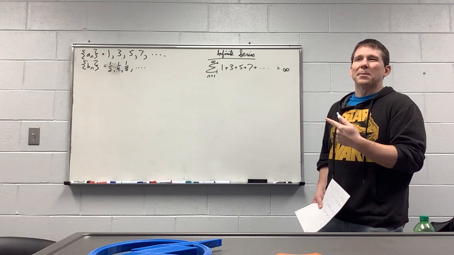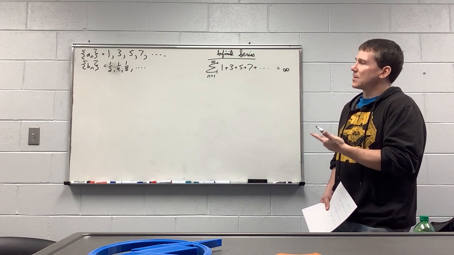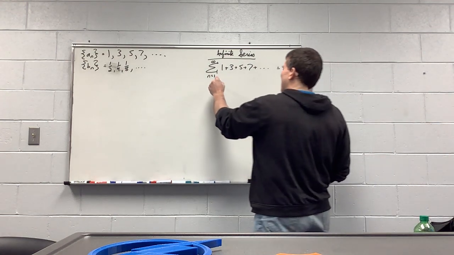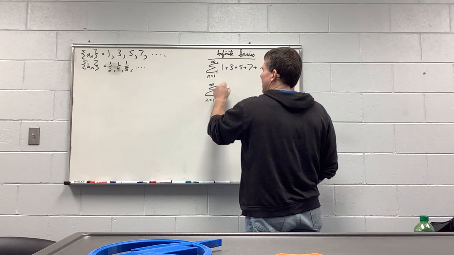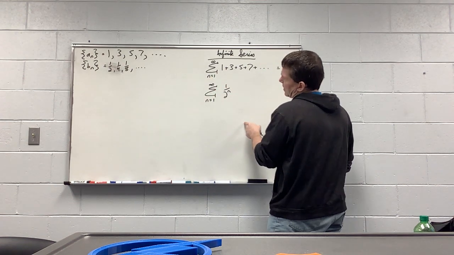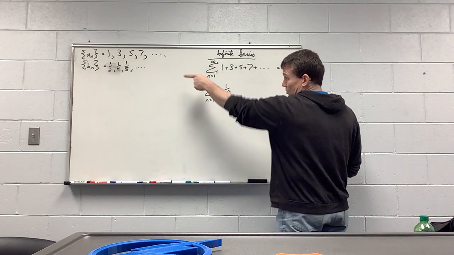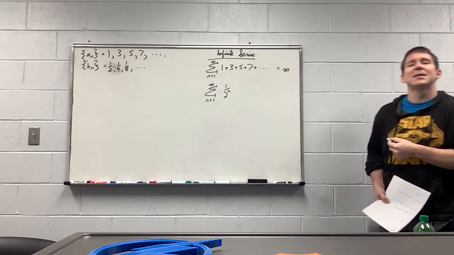You should probably recognize that as a geometric sequence with a common ratio of a half. And if I try to write it over here as a series, n equals 1 to infinity, 1 over 2 to the n. We all understand how this indexing works. When n is equal to 1, I get 1 over 2. When n equals 2, I get 1 over 2 squared, 4. Okay, good. That's it right there.